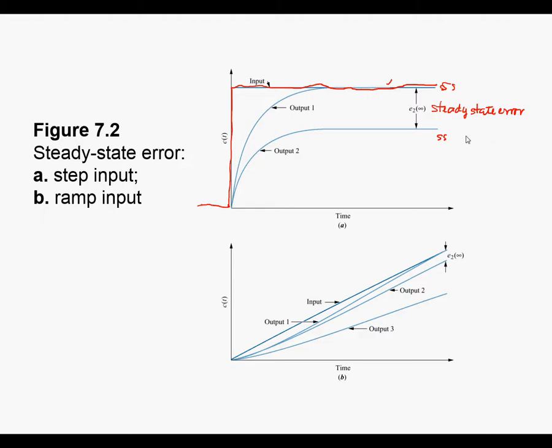Okay? So we are testing it with a step input here, and we do a ramp input here. In this too, I think I need to superimpose it. If the input is like this, and the output is like that too, there's no error, right?